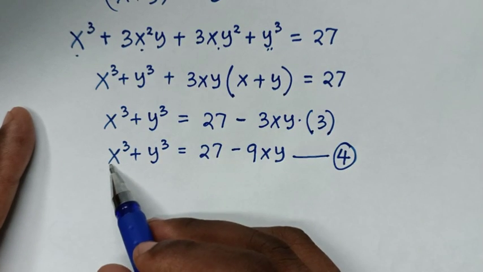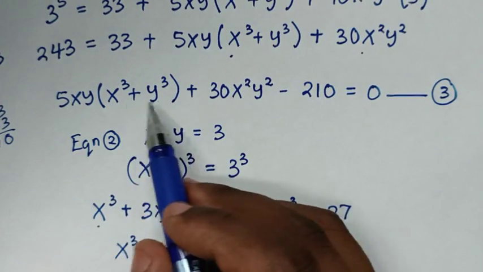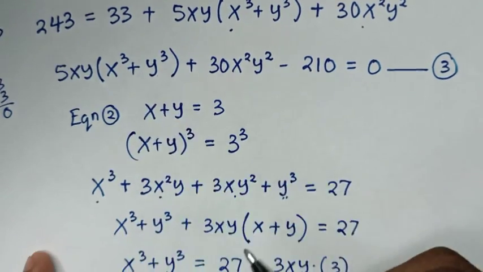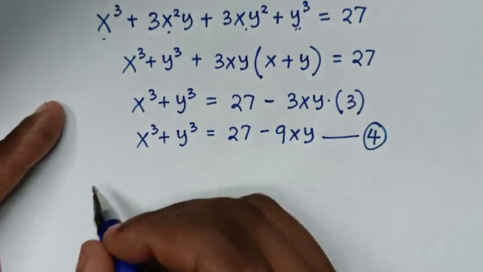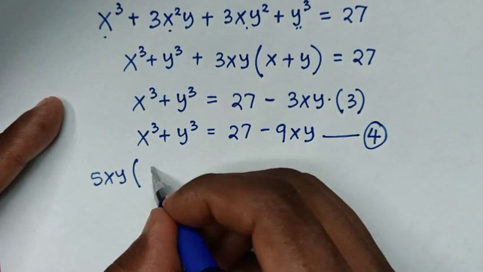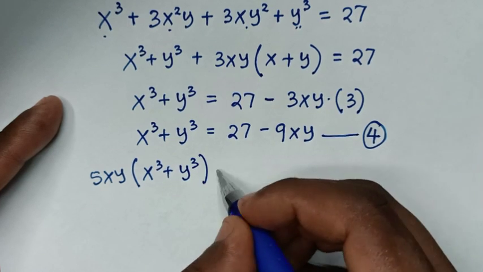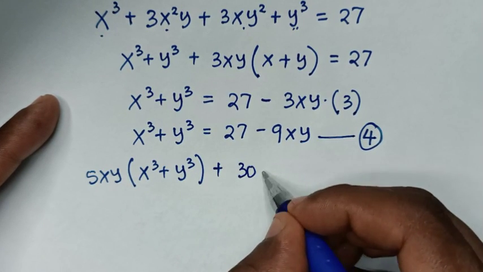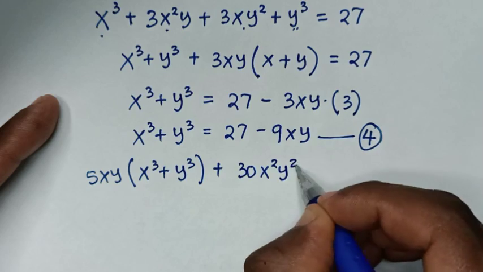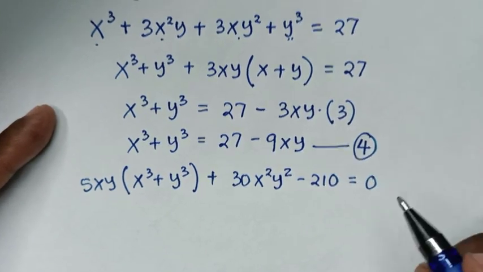Then we'll substitute x power 3 plus y power 3 into equation 3. Now we recall equation 3: 5xy (x power 3 plus y power 3) plus 30x square y square minus 210 is equal to 0.